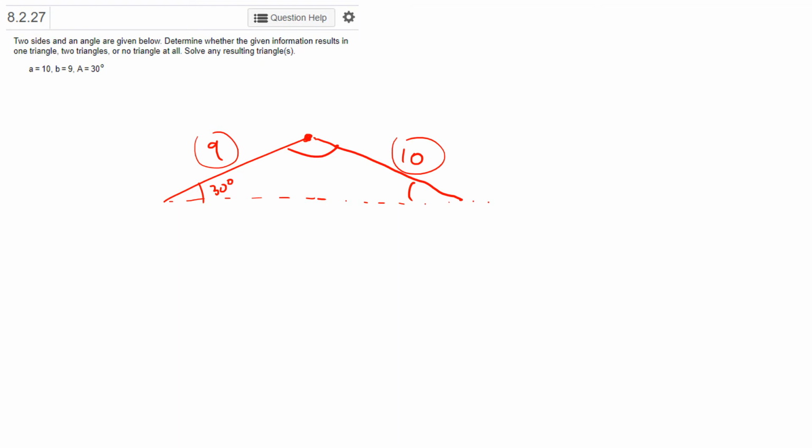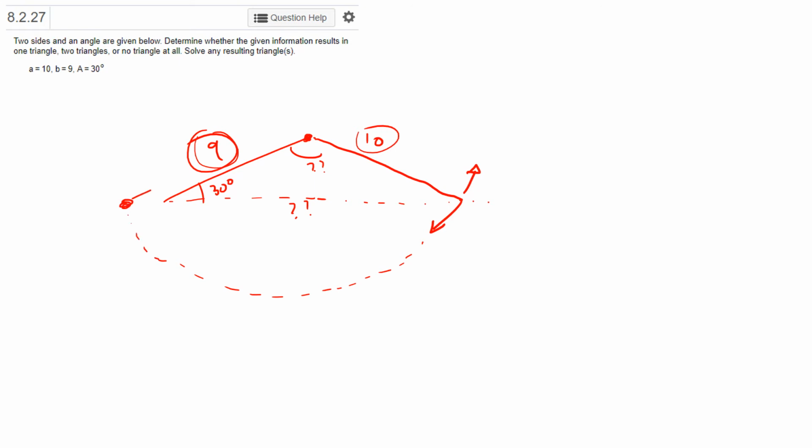But imagine that this angle at the top has not been fixed. This side of length 10 is sort of allowed to swing around like it's on a hinge, because I don't really know what this angle is yet, and I don't know how long this side is, so there's some freedom here. Now, if I tried swinging it all the way around, because this was bigger than that, it would actually miss it and come back over here.